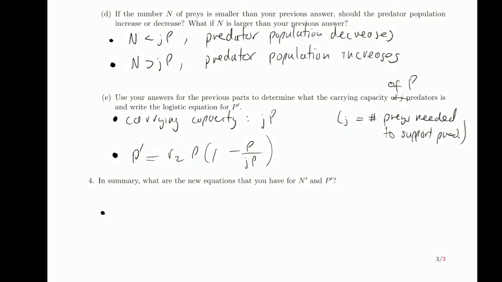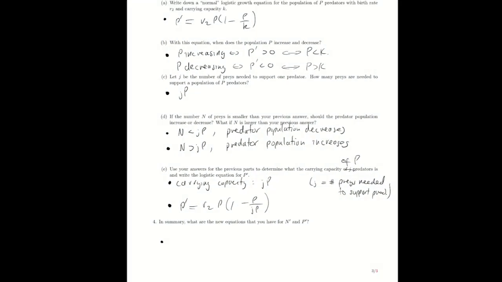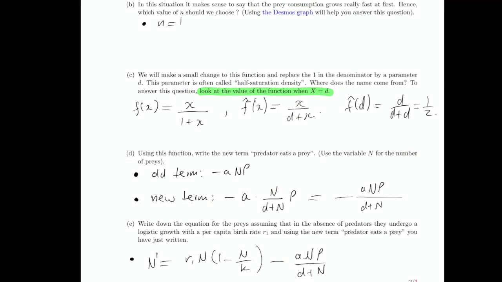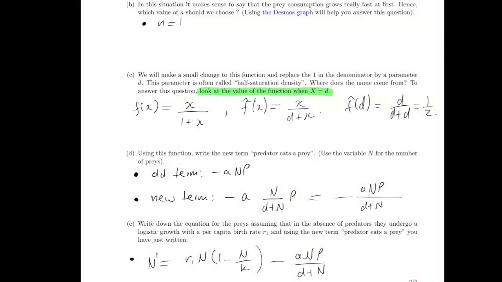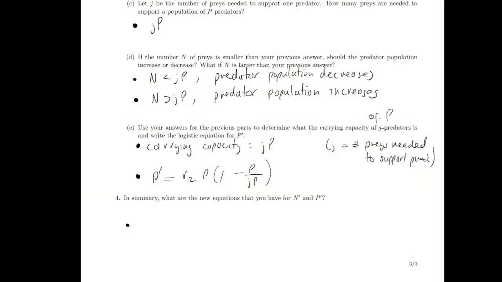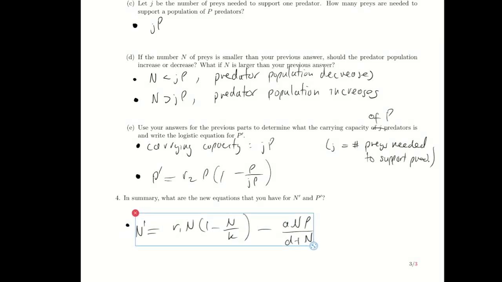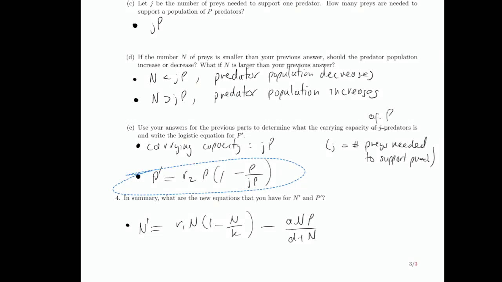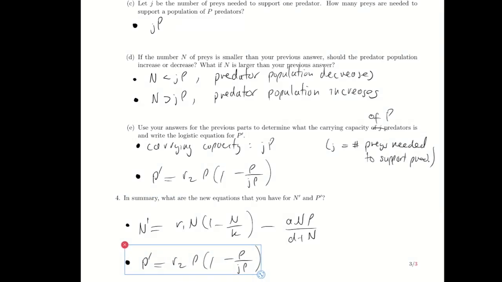Or I should say just copy everything, since we've already worked out what the change equation for n prime was. Let's just copy this instead of me rewriting it out again. And then we'll paste the other one.